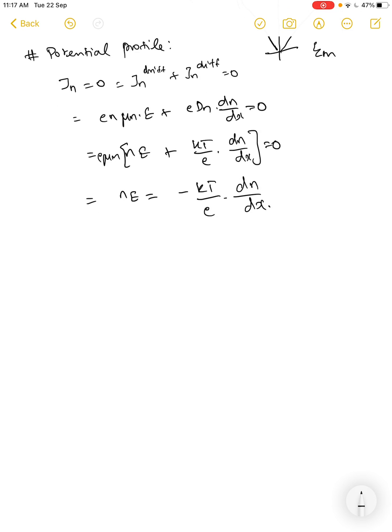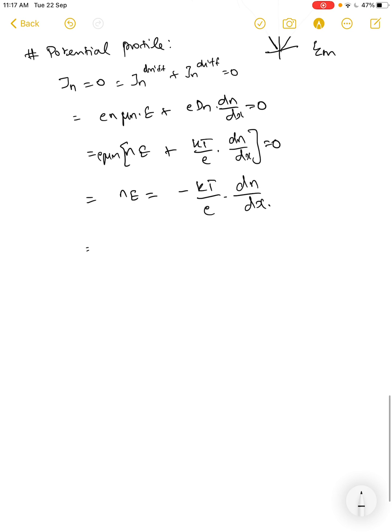Basically we can write E as minus dV by dx.